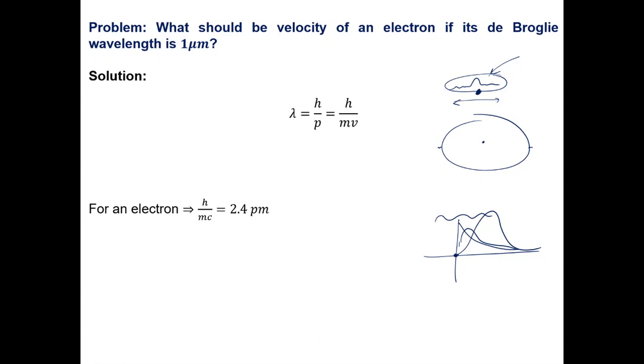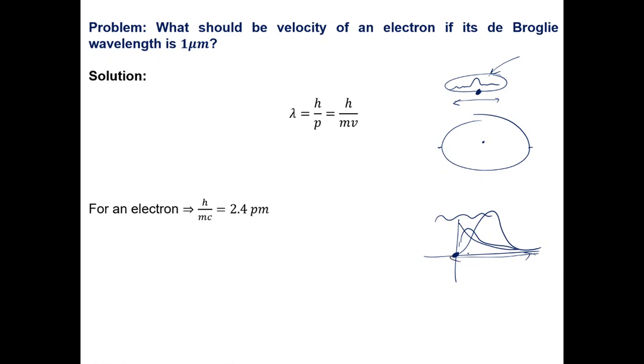But you can think of this wave as some mathematical representation of the probability density, where the probability of finding the particle is. If this wave is much bigger than the size of the particle, then though the particle is classically somewhere here, in reality, quantum mechanically, it can be anywhere in this large window.